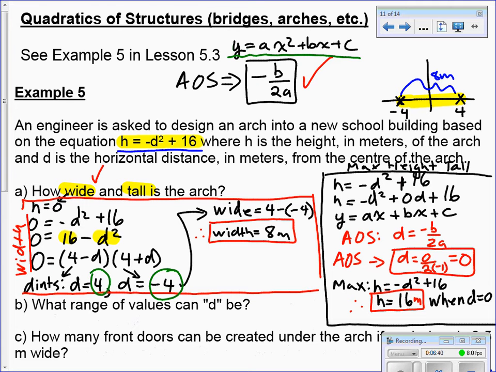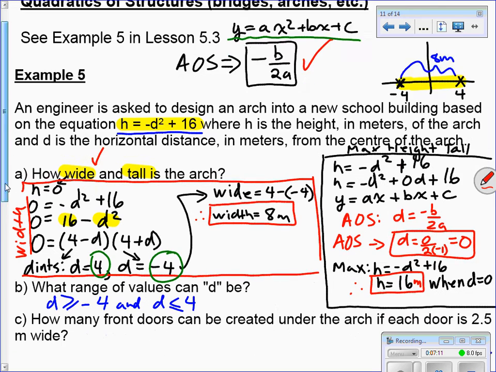So basically, the lowest edge point is -4, and the maximum edge point is 4 along the x-axis or d-axis. So we're going to say something like this for our solution. We're going to say that we have the following: d is greater than or equal to -4, and d is less than or equal to 4 for our range.